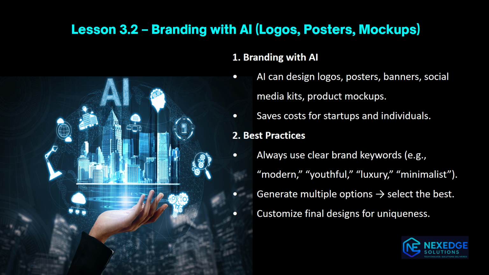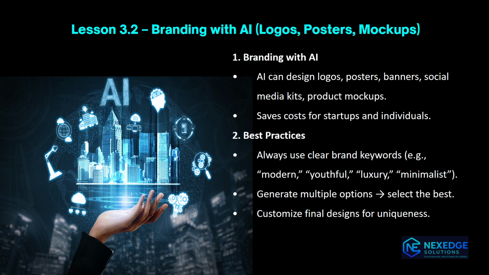And also generate multiple options and select the best. So when you are working with AI, you can give it a prompt to generate multiple options in all these styles. Then you select the best.